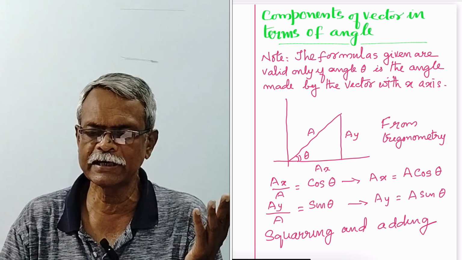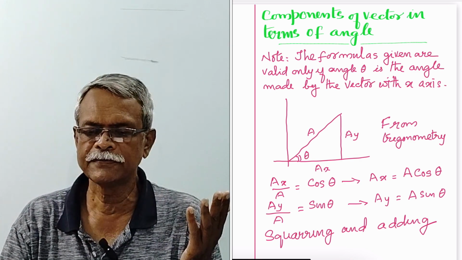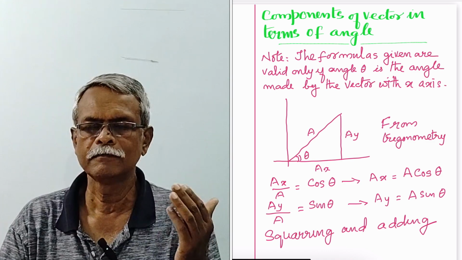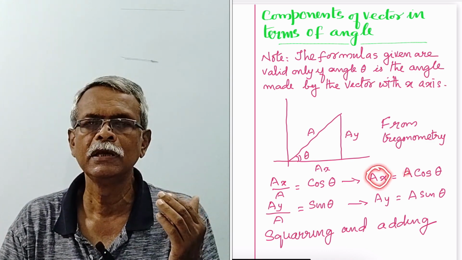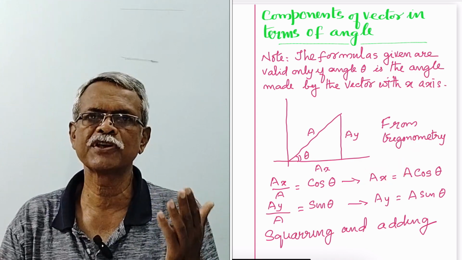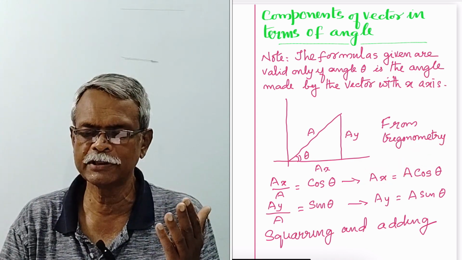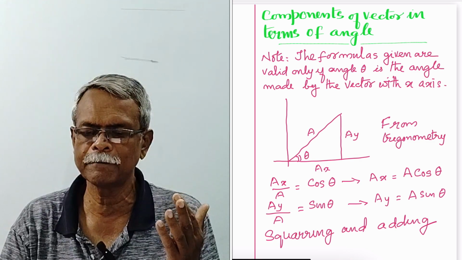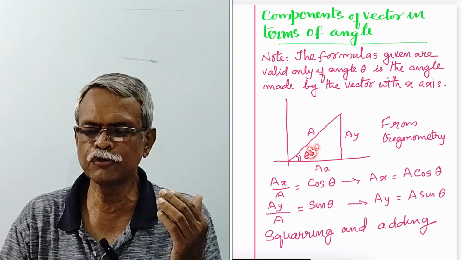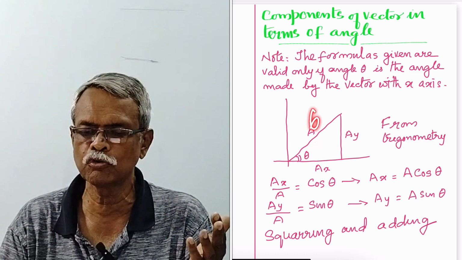If this is 60 degrees and this is 6 Newton, then the x component will be 6 into cos 60, that is 6 into 1 by 2, that is 3 Newton. This will be 3 Newton if this is 6 Newton and this angle is 60 degrees. And this will definitely be a multiplied by root 3 by 2, or 3 root 3.